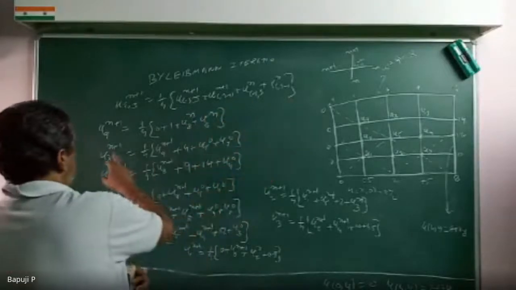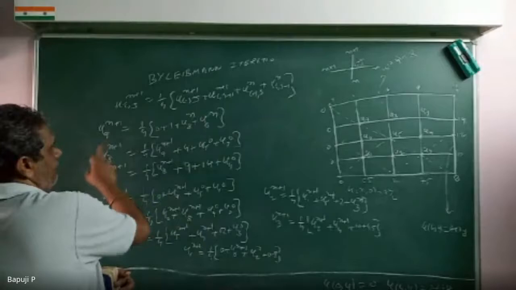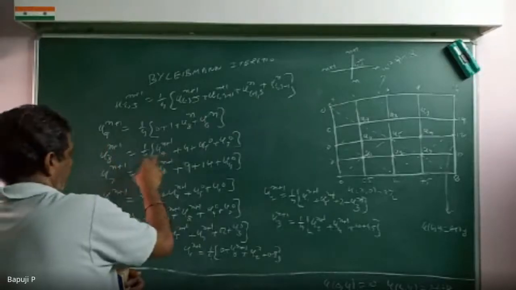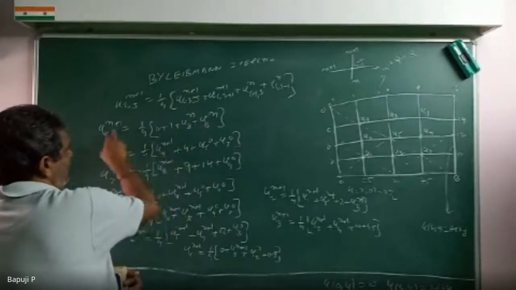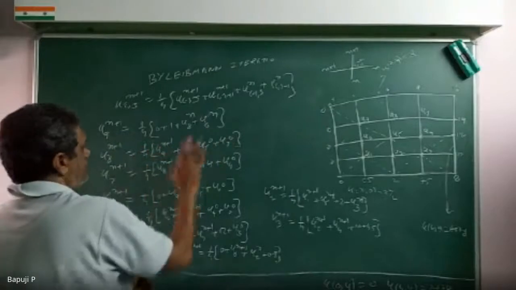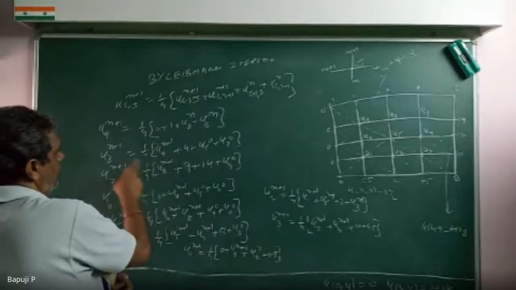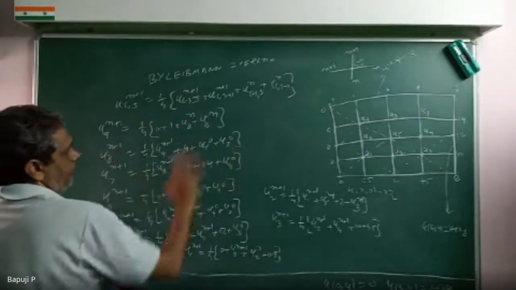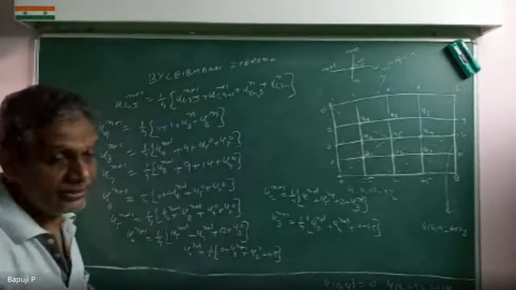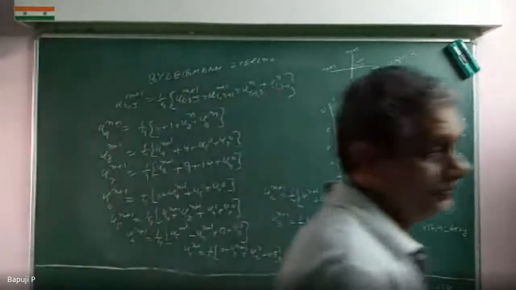Then you can find U81. U81 is what? U91 you already got, substitute this value. U71 is what? Put n is equal to 0, U81, from here we can substitute the remaining values. Like this, each iteration you have to find out.